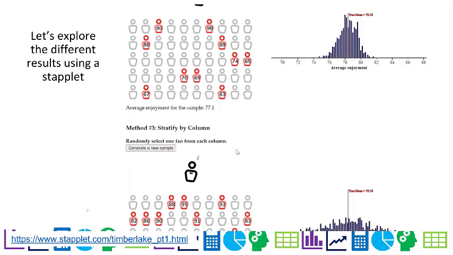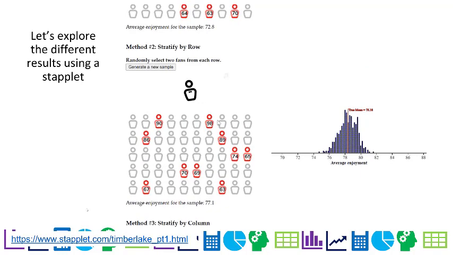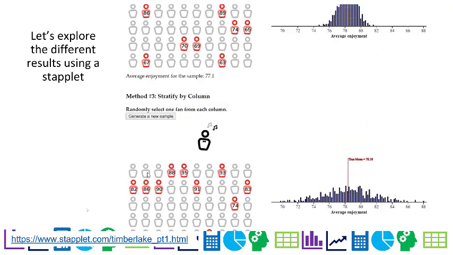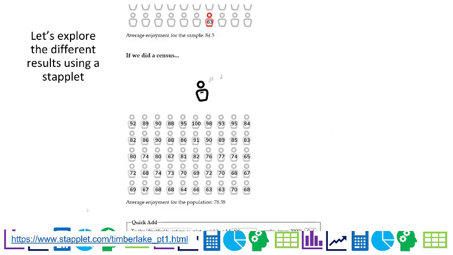Now, in stratification, what we're usually looking at is our groups are homogeneous. So this is a good way to stratify by row. Stratifying by column is not so good. All right, here's why. This row, if I go to the census, right, this row is my high enjoyment level. So that's one strata.